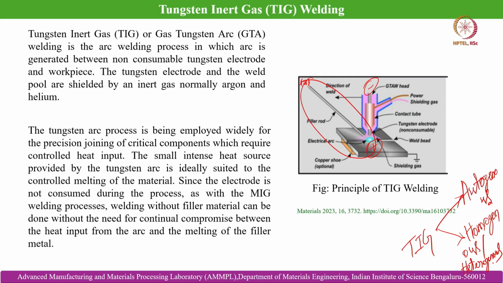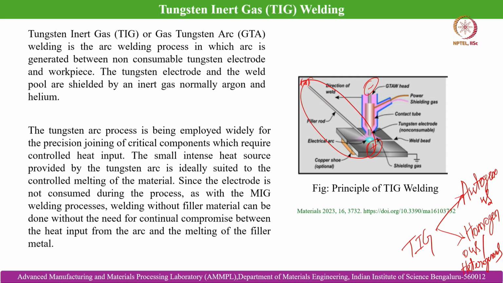It is a widely employed technique because of its capability to achieve precision joining of critical components, which requires controlled heat input. The small intense heat source provided by the tungsten arc is ideally suited to the controlled melting of the material, since the electrode is not consumed during this process.